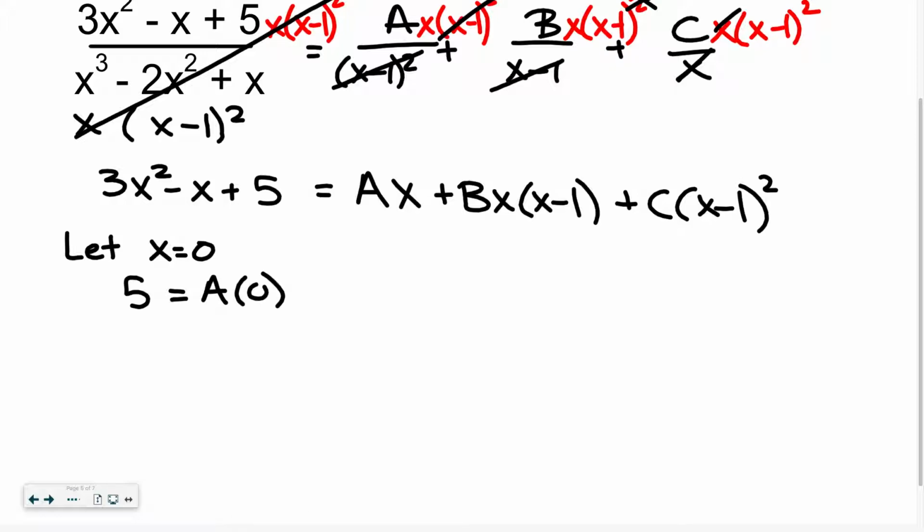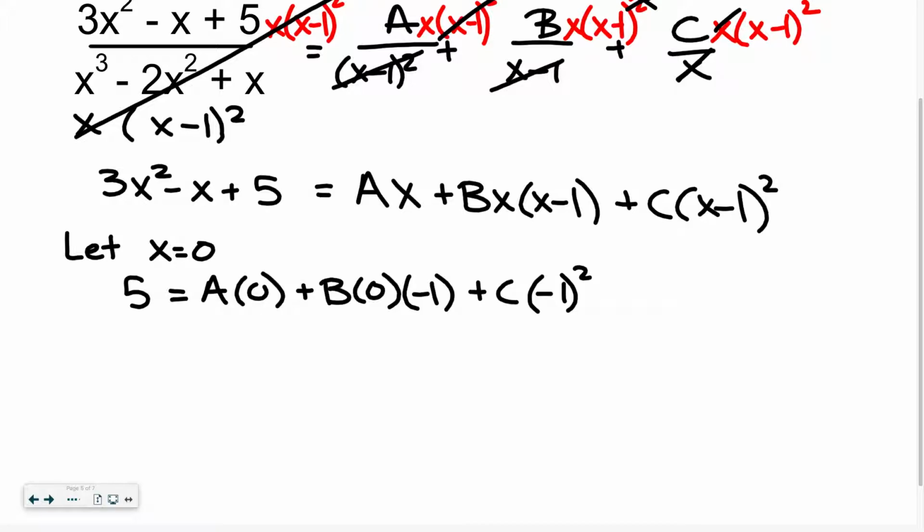I'm just going to do this for showing my work, right? A times 0 plus b times 0 times negative 1 plus c times, when I put 0 in, that would be negative 1 squared, won't it? Again, I'm just doing this so I can see my work where I got my numbers. Anybody questions on where 5, zeros or negative 1s came from?